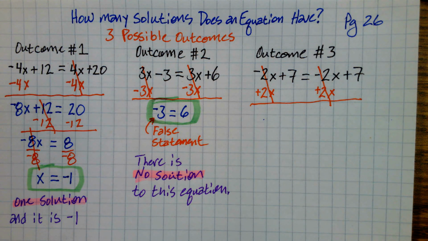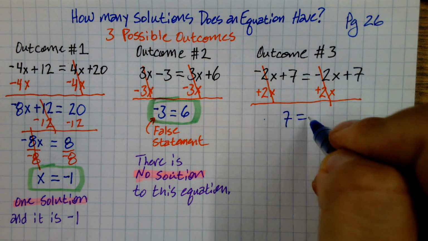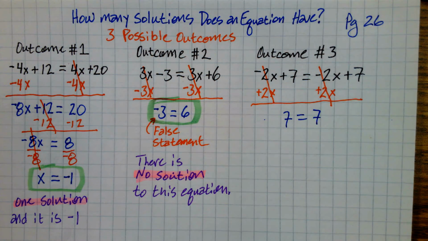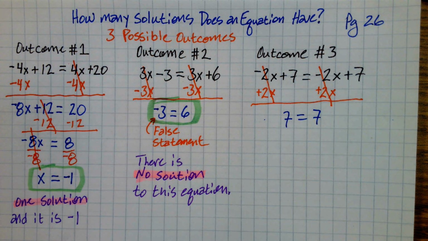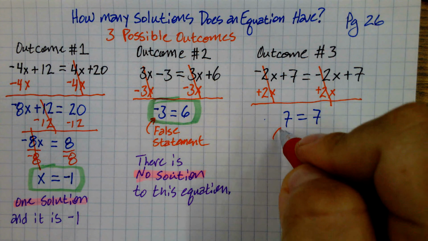And we're going to bring down whatever's left. We got 7 equals 7. Okay? Again, we got a statement. 7 equals 7. It's either true or false, and this one is true. This is a true statement.